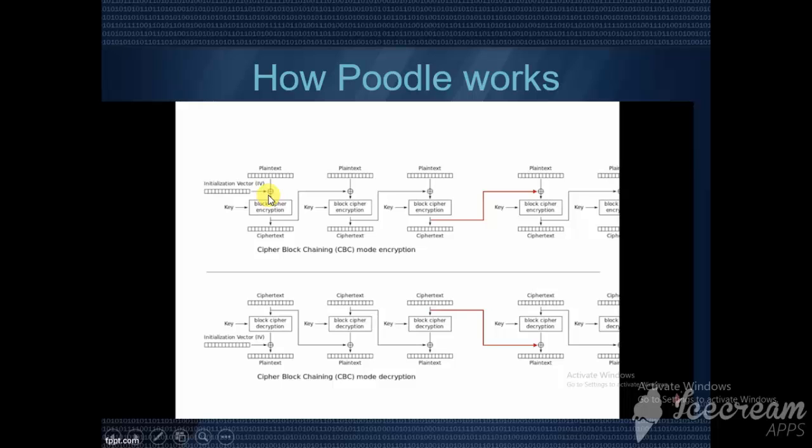For the next ciphertext, the previous step's ciphertext acts as the initial vector, like here, and is XORed with the plain text. In TLS 1.0, it generates a new initial vector instead of using the previous step's ciphertext.